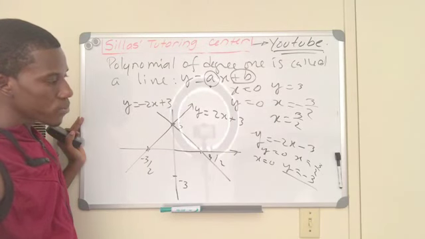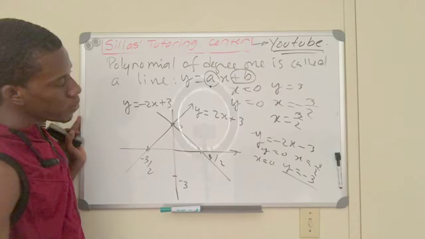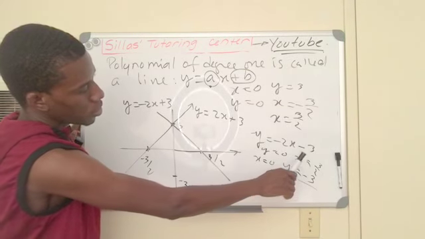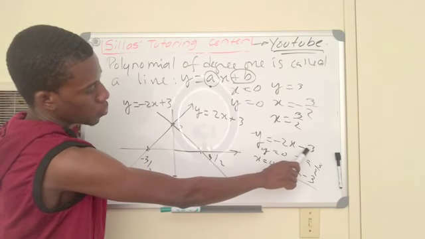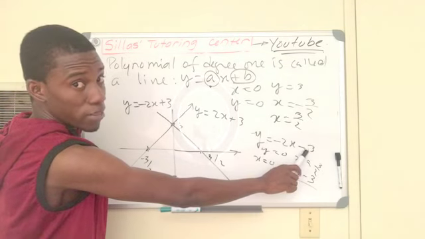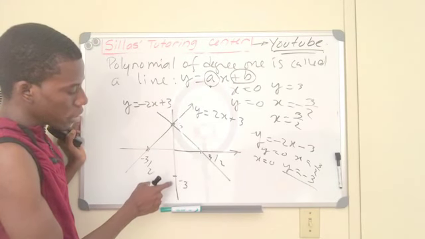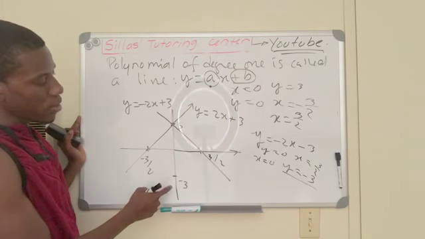You see that? So what we see from that is if our b value is negative, we know that our function is going to behave in the negative part of the y.